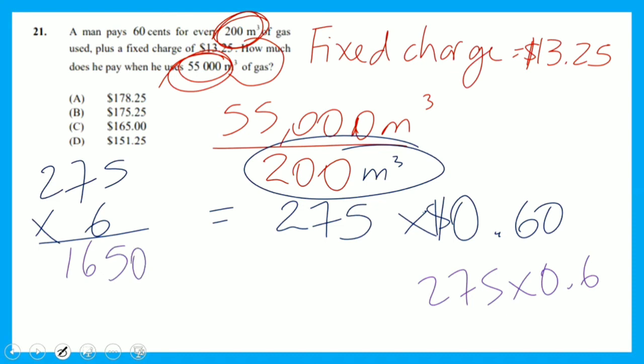But of course, there is one decimal place represented in the 0.6, so we need to also do that here. That will give us $165, which means our answer is going to be B. So let's multiply that 275 by 60 cents and you're good to go. That is our final question for today.